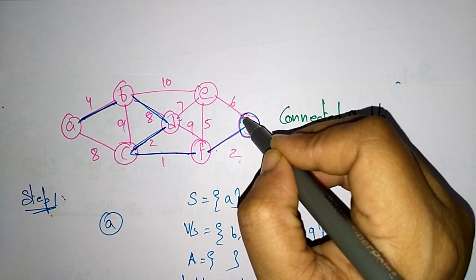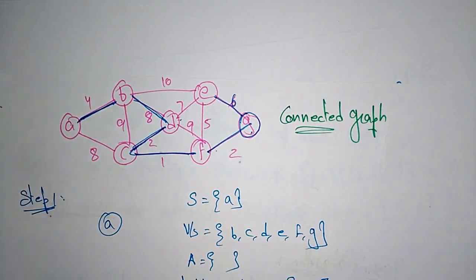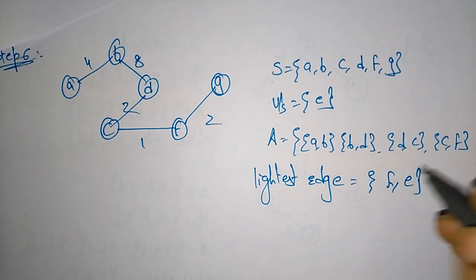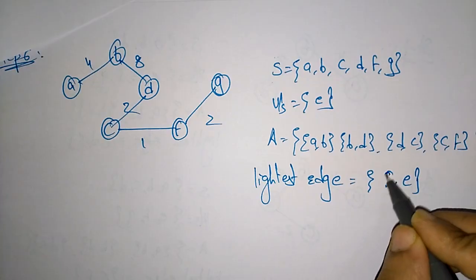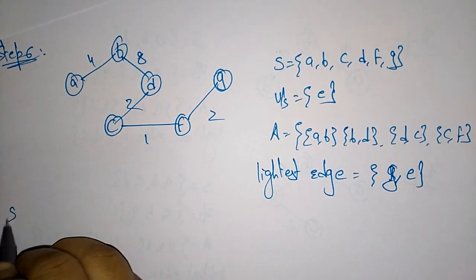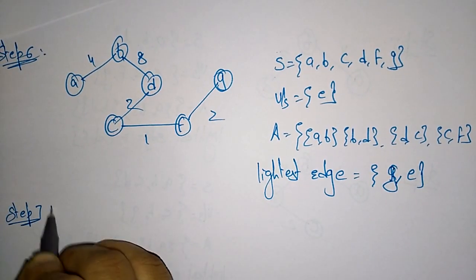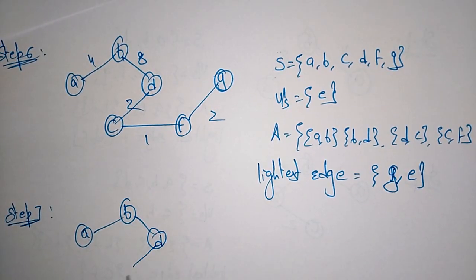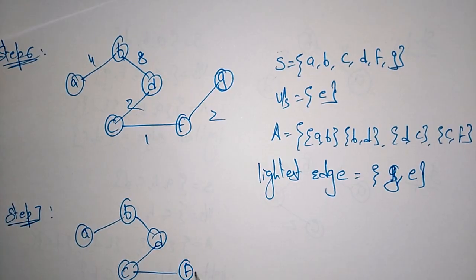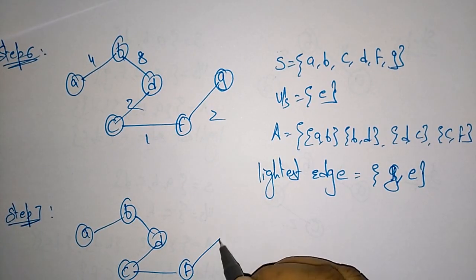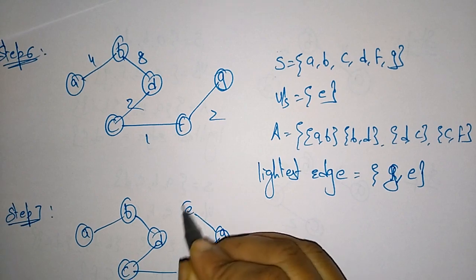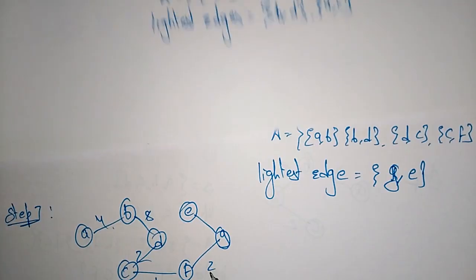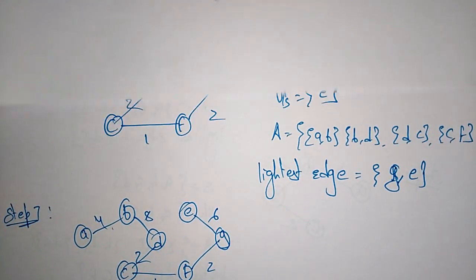So the visited vertex is this, so the 6 has to be selected from G. That is GE. Next, step 7: A, B, D, C, F, G and E, 4, 8, 2, 1, 2 and this is 6.